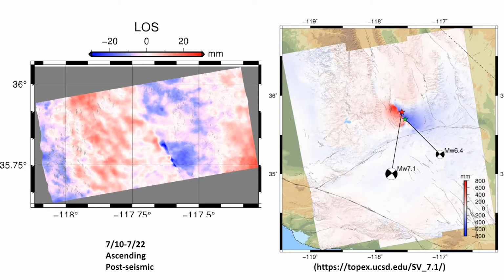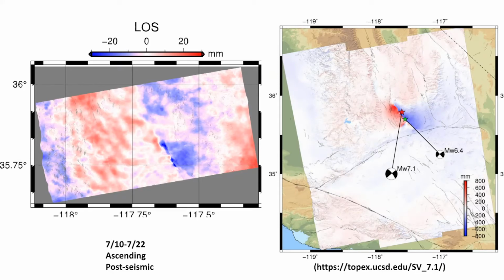It's a big signal. Yeah. It's about 800 to minus 800 millimeter, right? Mine is from like 30 millimeter to minus 30 millimeter. But what I found interesting is the pattern is very similar, which makes sense.